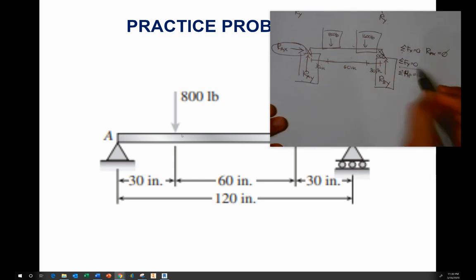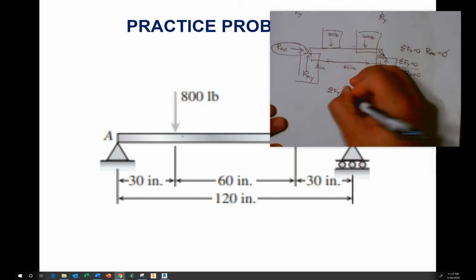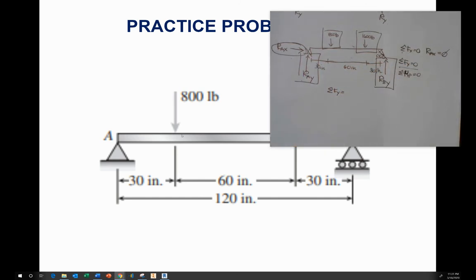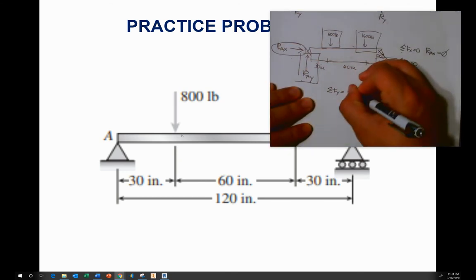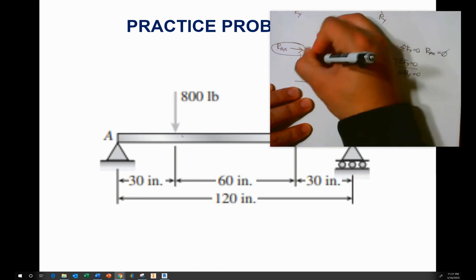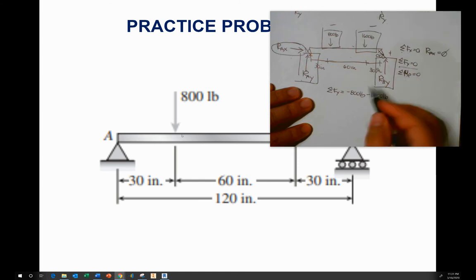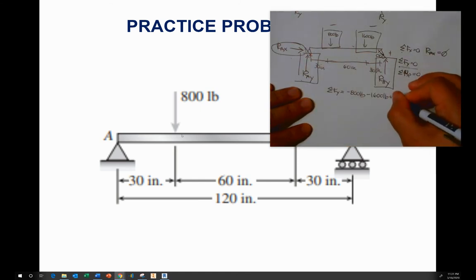Now I'm going to move on to Fy. So sum of the forces in the Y direction. If it's pointing up, I'm going to assume it's positive. If it's pointing down, I'm going to assume it's negative. So I have a negative 800 pounds minus 1,600 pounds. Now all I'm doing is, again, summing all the Y forces, all my boxes, plus Ray plus Ruby equals 0.